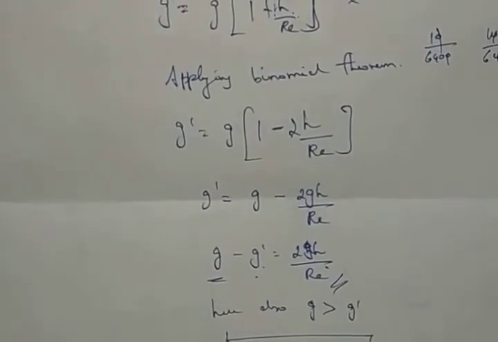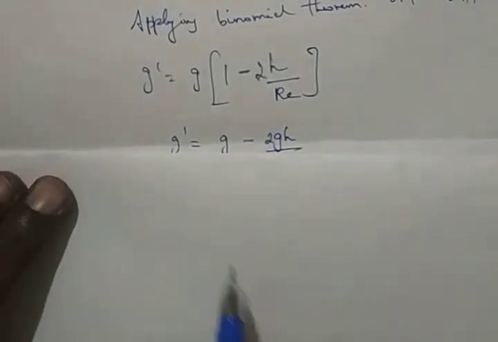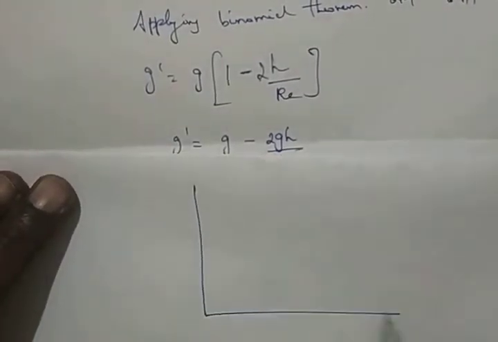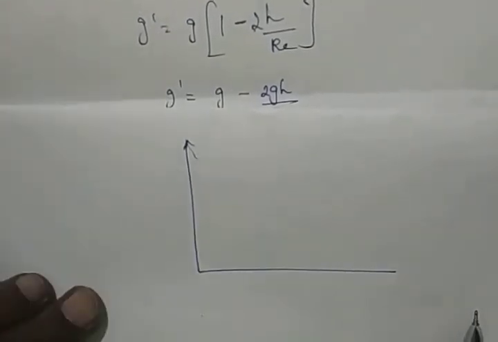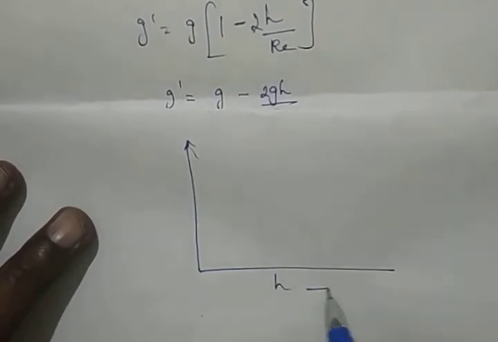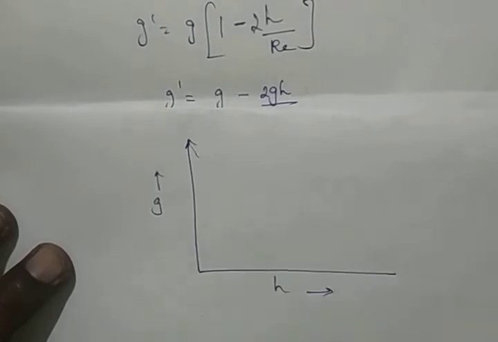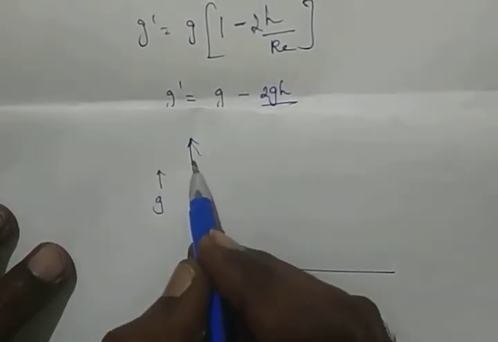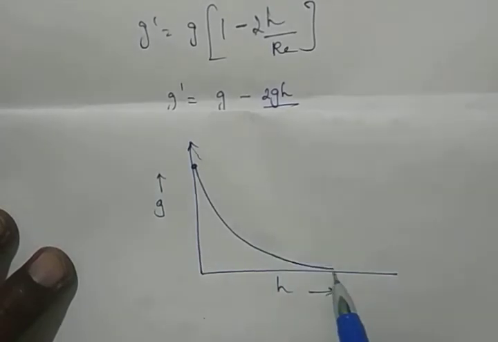And also we need to draw a graph for this. So what happens when you are going above the surface of Earth? When the height is increased, what will happen to the gravity? Gravity from here will keep on reducing and it will go on like this.